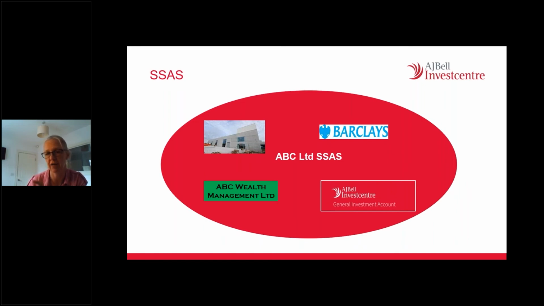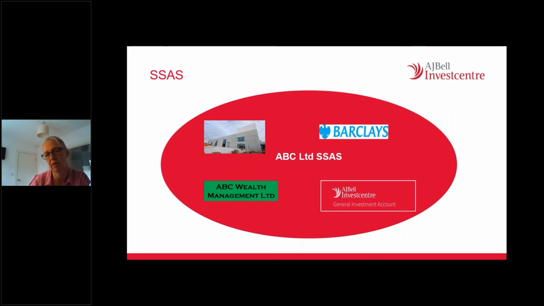So you could have somebody under 18 who was a beneficiary, having the right to a share of the SSAS. Normally you would only want to do that if it was a family scheme and there were other family members who were the trustees making the decisions, because they should then take into account what's in the best interest of that beneficiary when they're making those decisions as member trustees.